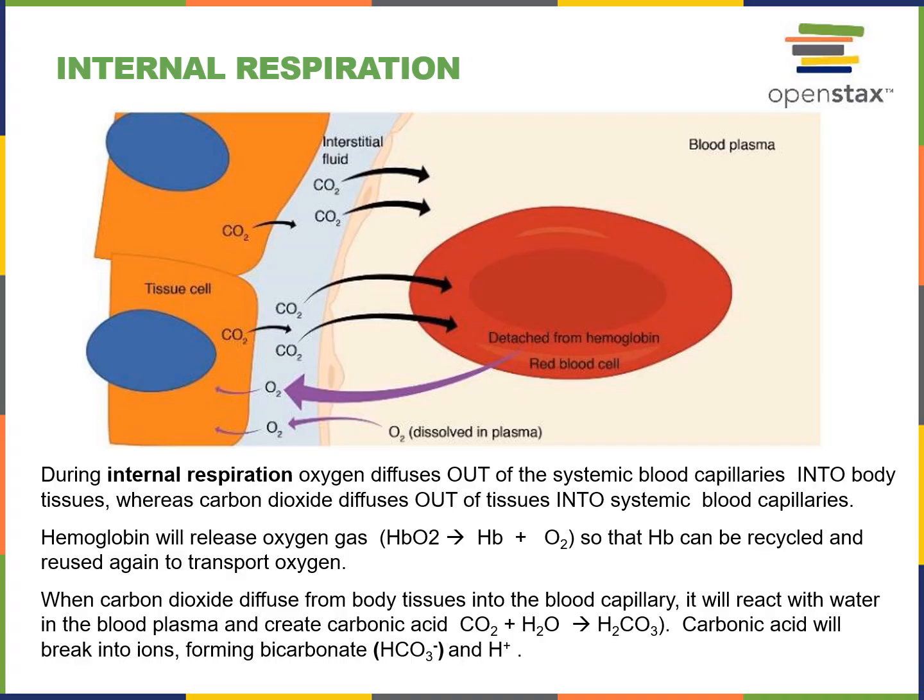In internal respiration, in the organs of the body, in the tissues, the cells are carrying out cellular respiration, so they're producing lots of CO2 and ATP, but it's the CO2 that's harmful, so we have to get rid of it.